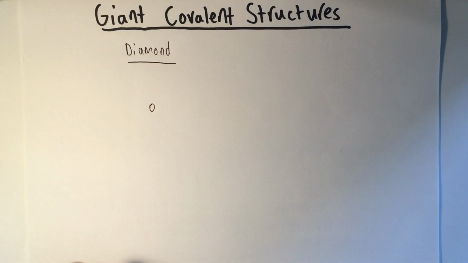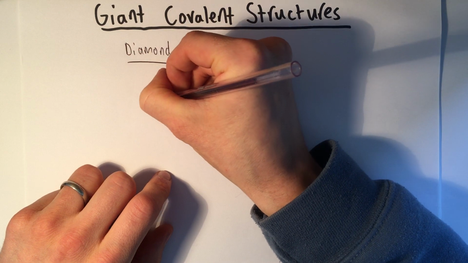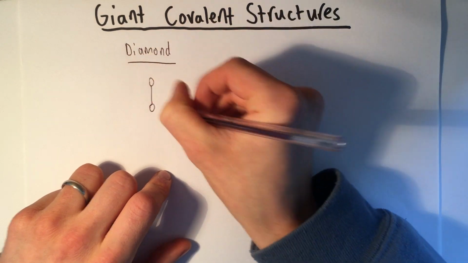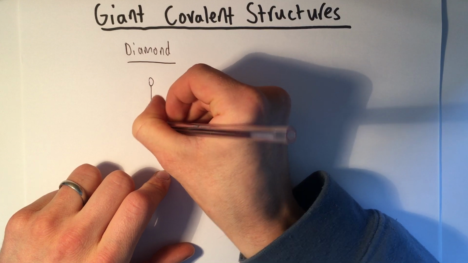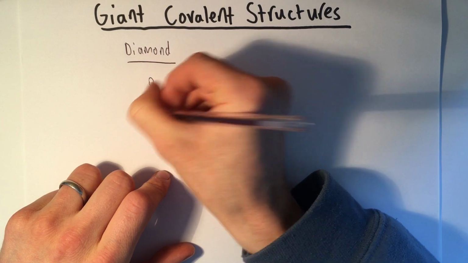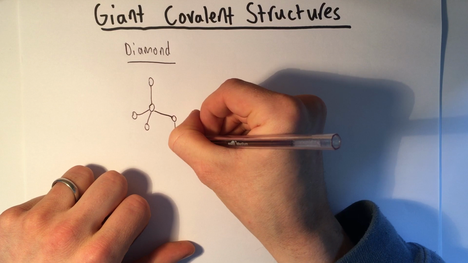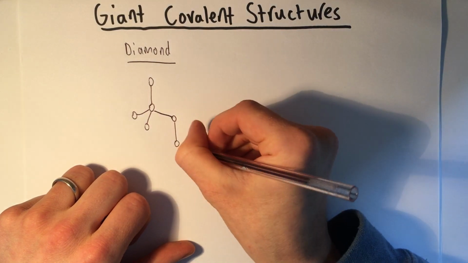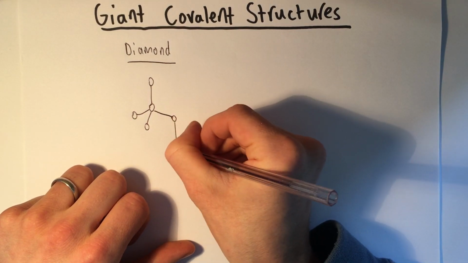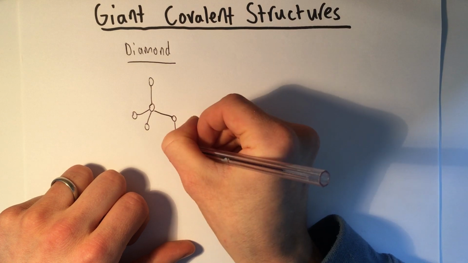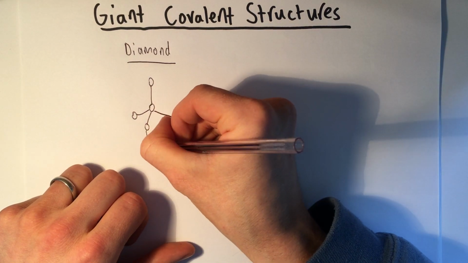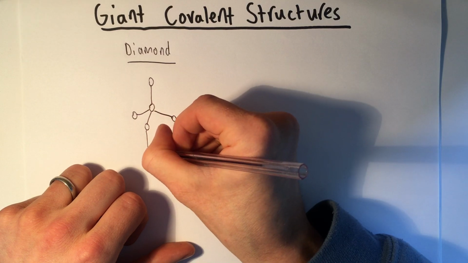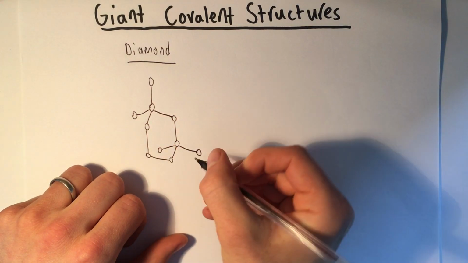And that's what happens in diamond. So I'm going to draw the covalent bonds just with lines, and for this diagram, draw the atoms with circles. And then if I kept on drawing, we'd see that each carbon atom is bonded to 4 others. And you'd see also that it's not very easy to draw because we're drawing in 3D.